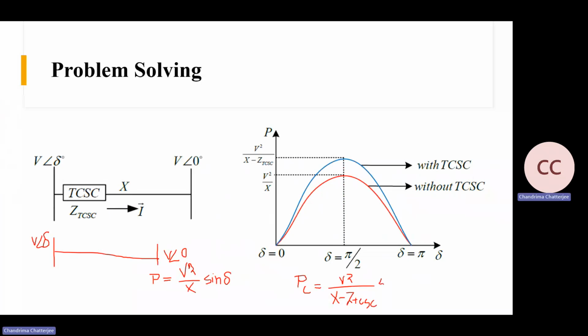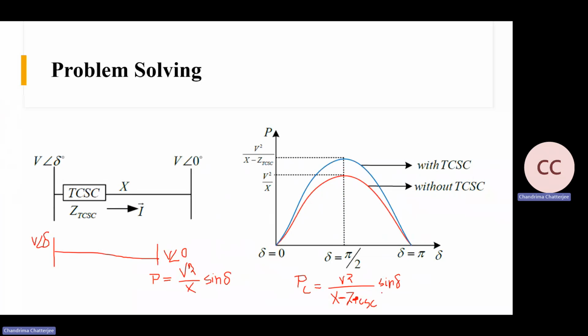And then there will be sine delta. So this additional term ZTCSC comes in. And obviously you can understand that this minus sign comes only when the operation is capacitive, right?